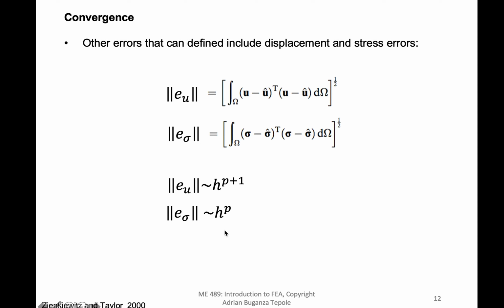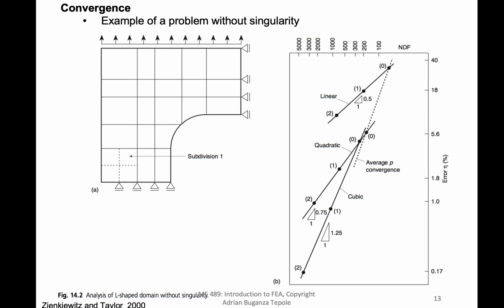But this will not be the case if you have some problem with a singularity. And this is what I want to show here. For example, this is one problem that is nice. It's a smooth domain. There are no corners. If you solve this problem with linear elements, I'm going to guess that this is the displacement error.